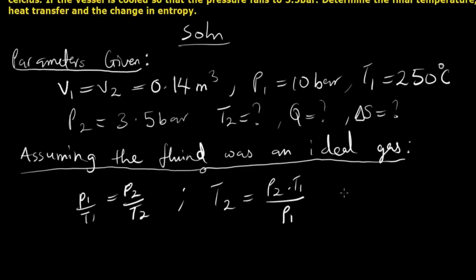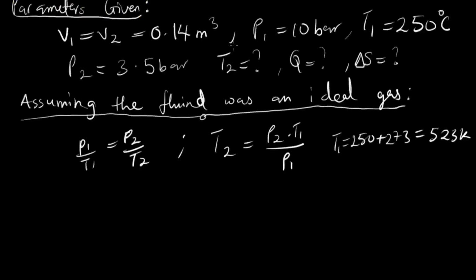Now we know that our T1 is equal to 250 plus 273. That is 523 Kelvin. We convert it to Kelvin. Now that means T2 will be equal to 3.5 times 523 Kelvin over 10.